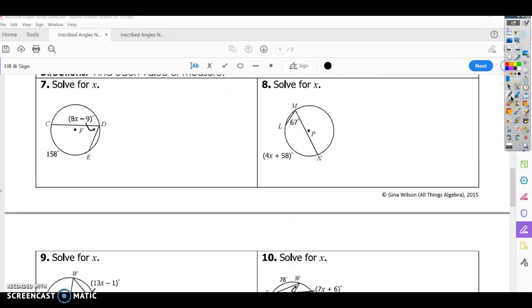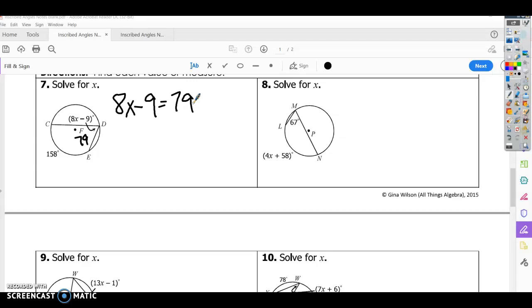All right, number 7 says solve for x. So 8x minus 9 is going to be this angle here, and we know that's our inscribed angle, and we know that's half of 158, so we know that this angle equals 79 degrees. Well, if 8x minus 9 equals 79 degrees, all we have to do is solve for x.